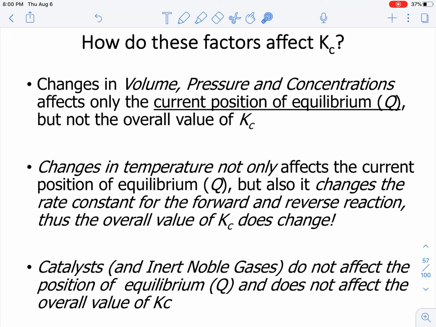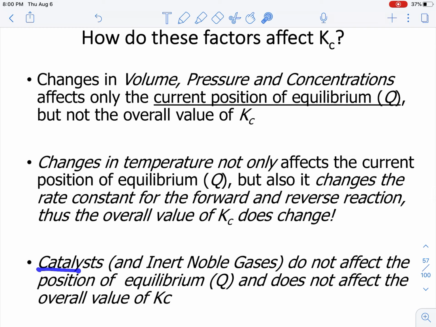For now, just take it at face value that changes in volume, pressure, and concentration do not affect the overall value of the equilibrium constant. It just affects the current position of the equilibrium, which is represented by capital Q, or the reaction quotient.